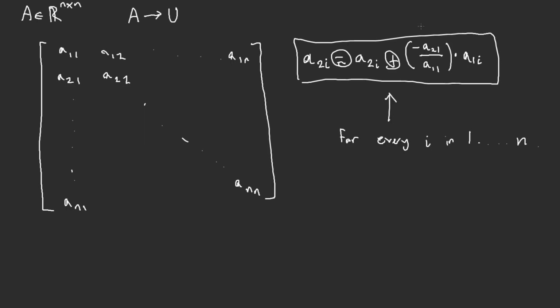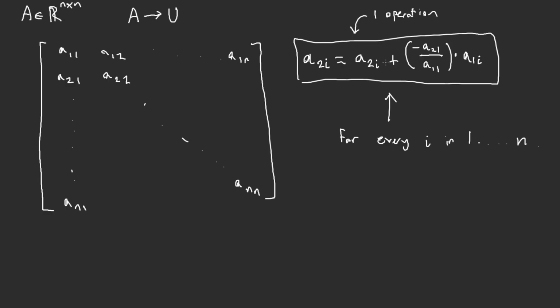I'm doing addition, I'm doing division, I'm doing multiplication, and that's it. And all of these things, addition, multiplication, division, assignment, a computer can do relatively instantaneously. So I'm just going to count this as one operation for the sake of simplicity.